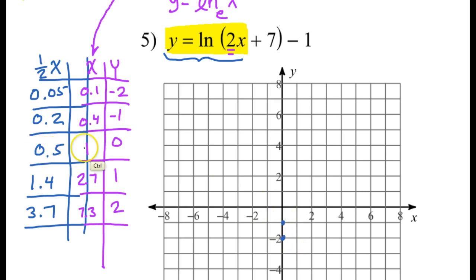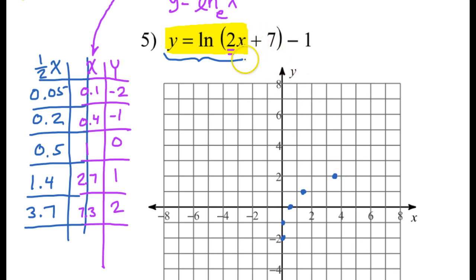All right, 0.5 comma 0 would be right here. 1.4 comma 1 would be about here. And 3.7 comma 2 would be about here. Okay.